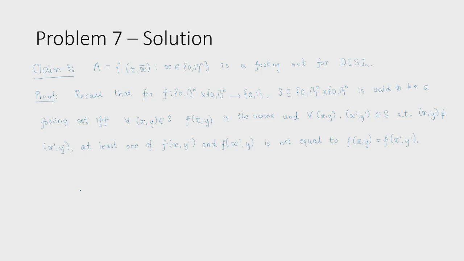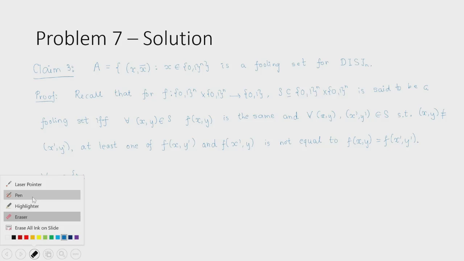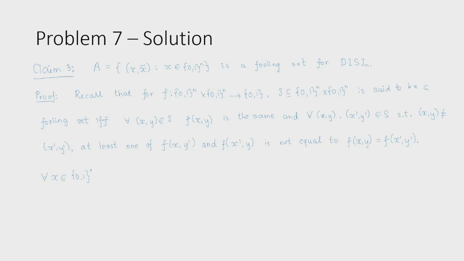So for all x in {0,1}^n, what is the value f of x, x bar? It should be 0.